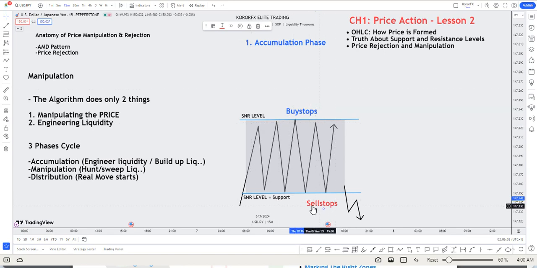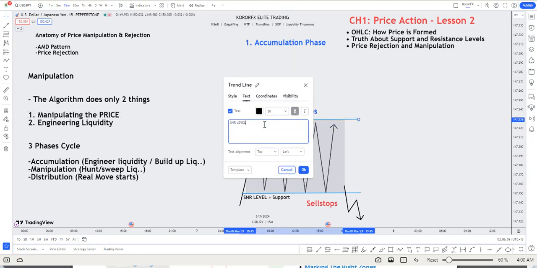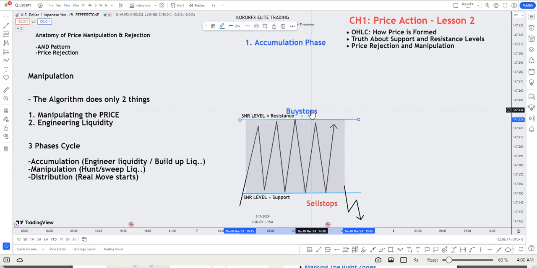Their sell stops are liquidity. And some others are expecting to buy at the resistance. They expect the price to break the resistance and then buy off, so their buy stops will be above the resistance.